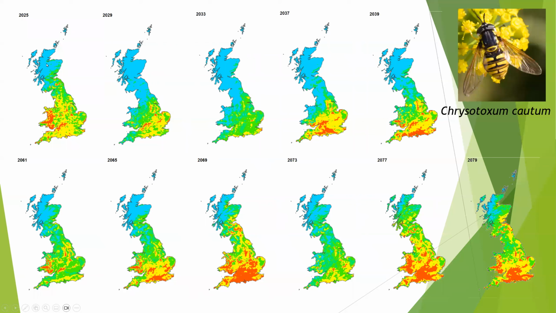We get in 2025 it racing all the way up to northern Scotland, and in 2029 back to a bit more than its current range, and then sort of oscillating around. So in 2073 we've got it much less common but quite widespread, and so I don't know what's going on here, but it's not behaved itself at all well.